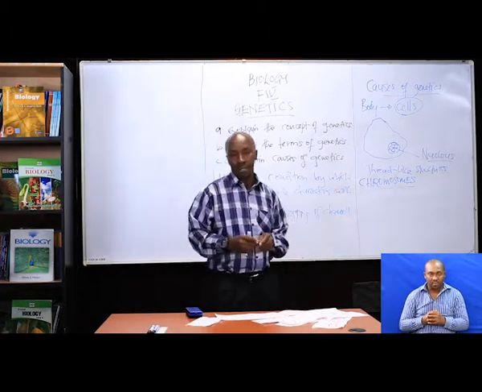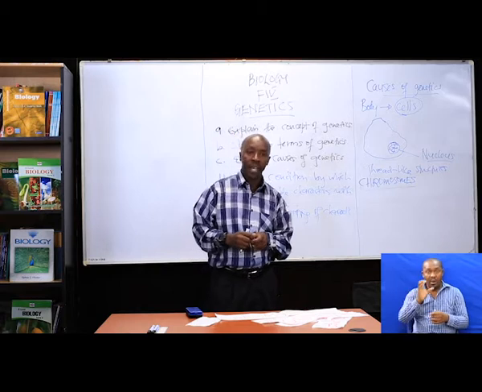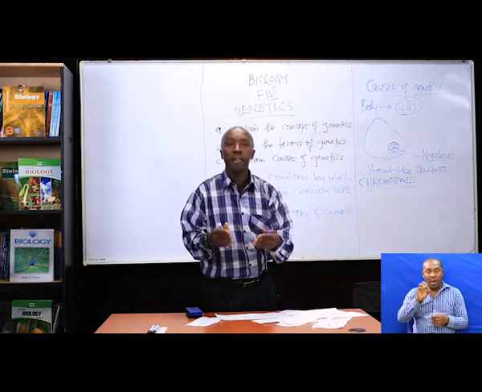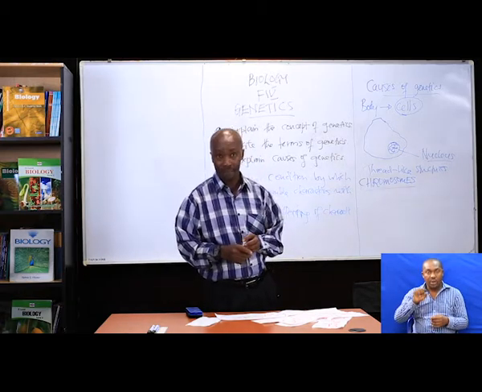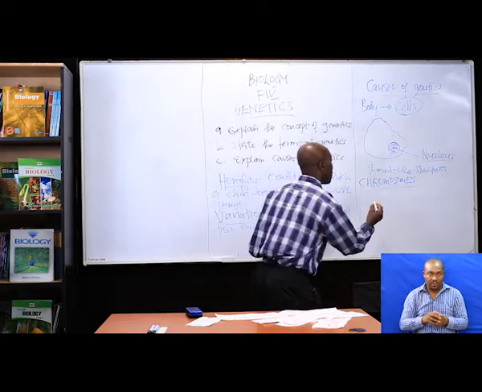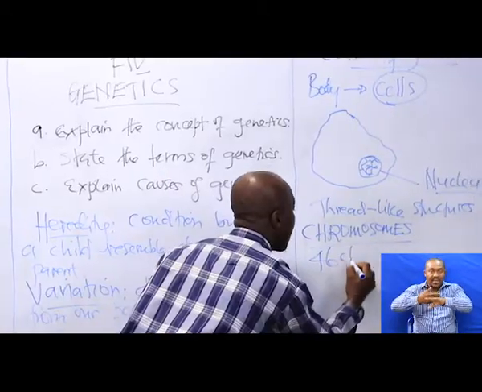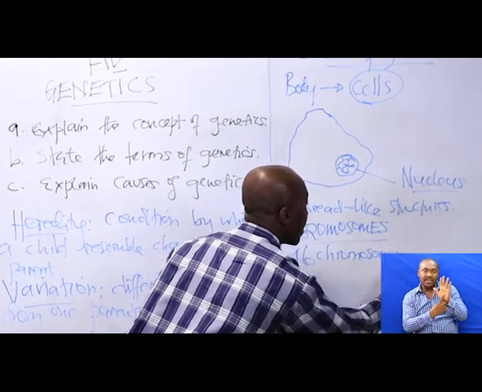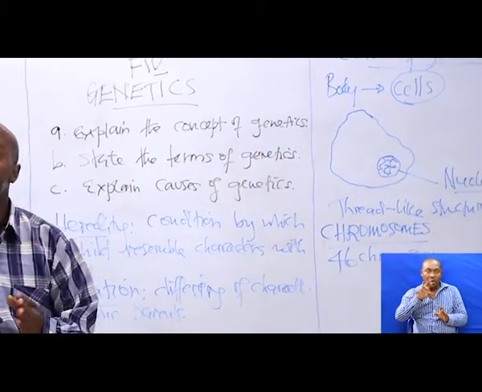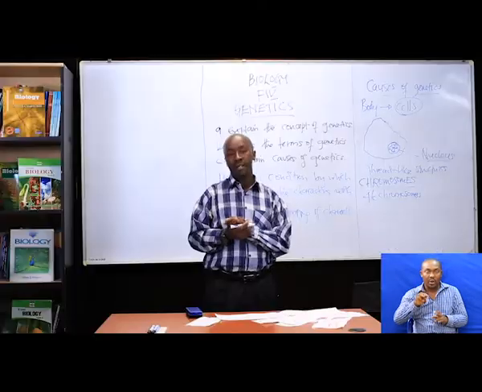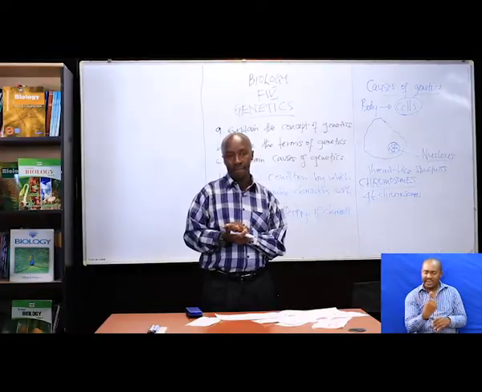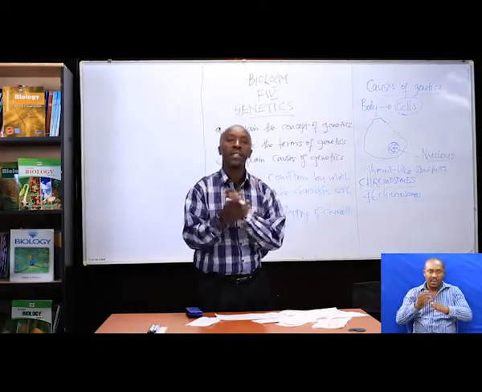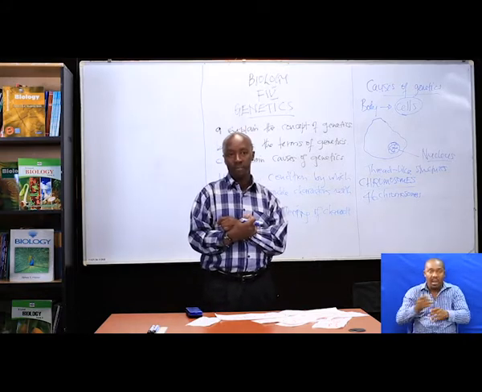These chromosomes, for instance, the human cell, consists of 46 chromosomes. Each human cell consists of 46 chromosomes.